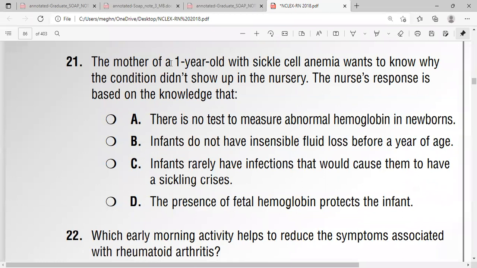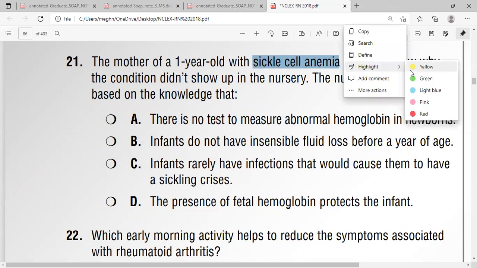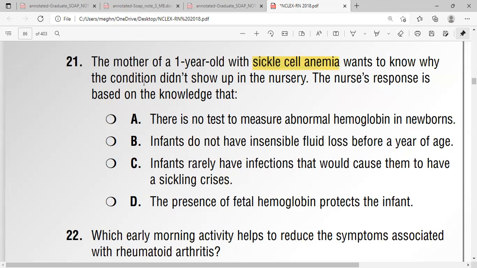Question: The mother of a 1-year-old with sickle cell anemia wants to know why the condition did not show up in the nursery. The nurse's response is based on the knowledge that: Number A, there is no test to measure abnormal hemoglobin in the newborn.